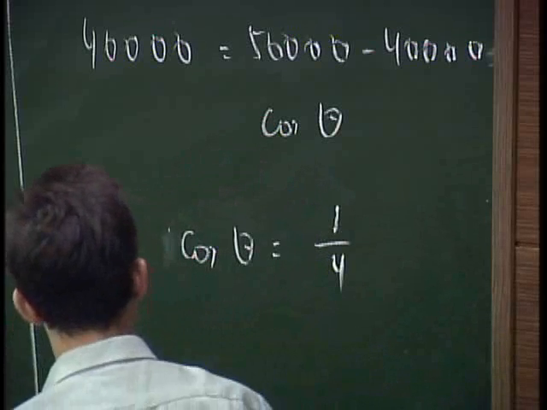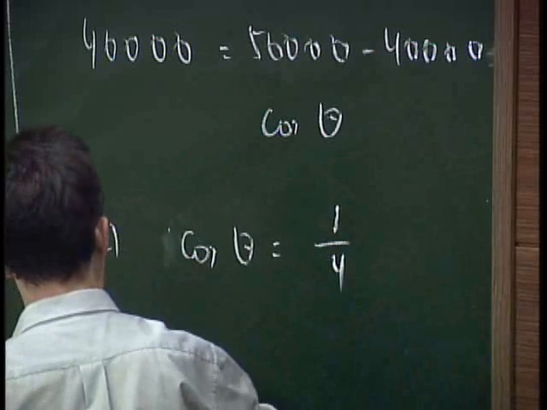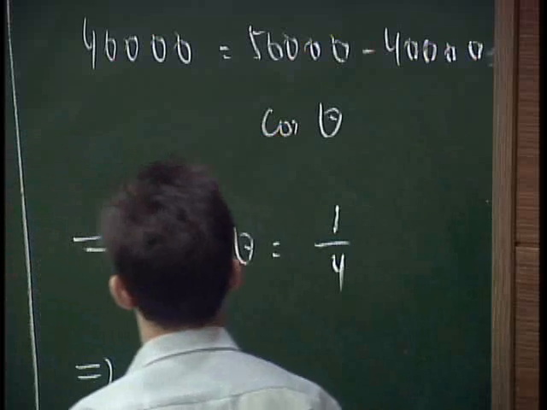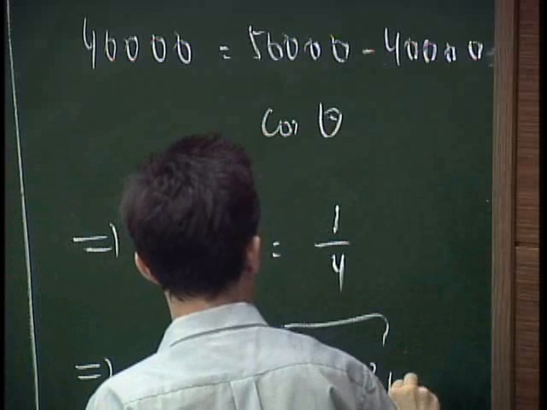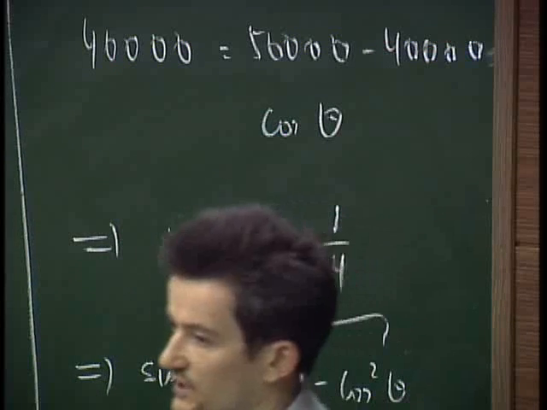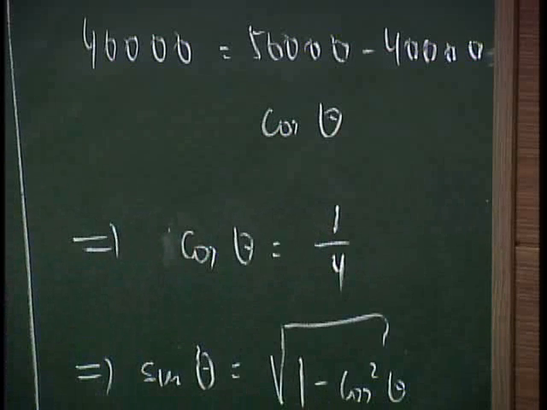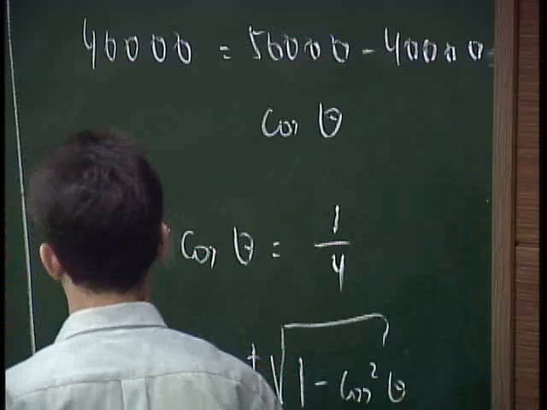Okay, so the sine of theta is equal to the square root of 1 minus the cosine squared. Actually, we can take into account here plus minus.